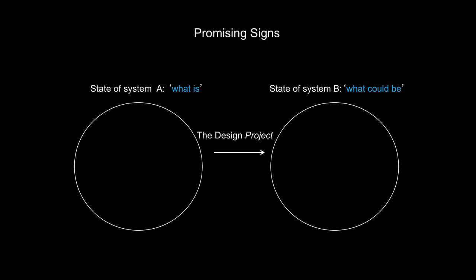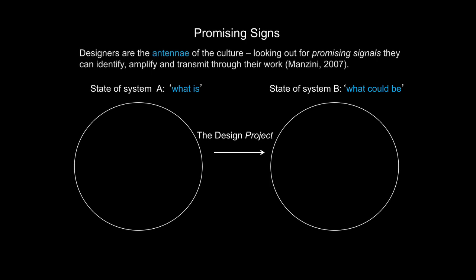The final context that's important to map is called promising signs. Design thinker Ezio Manzini says that designers are the antenna of a culture. They need to have an eye and an ear out for promising signals that they can identify, amplify, and transmit through their design work. So in addition to the problem context we've started to elaborate as State A, we also need to add into State A the promising signs.